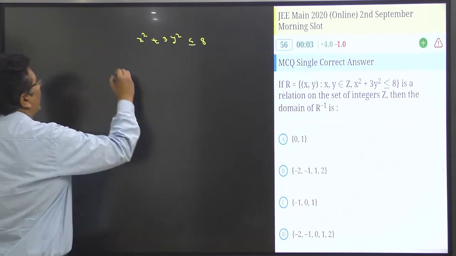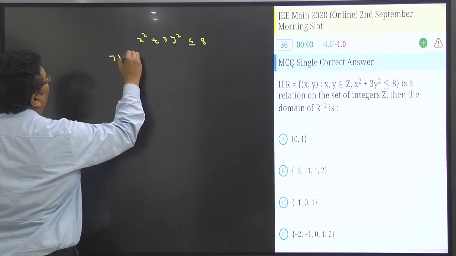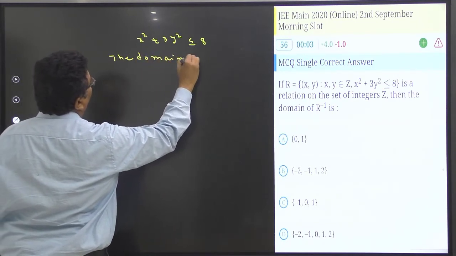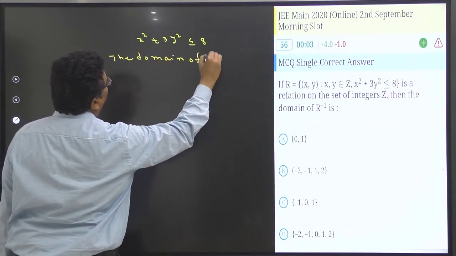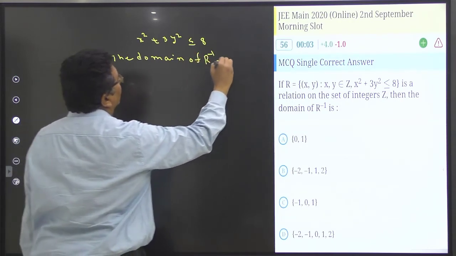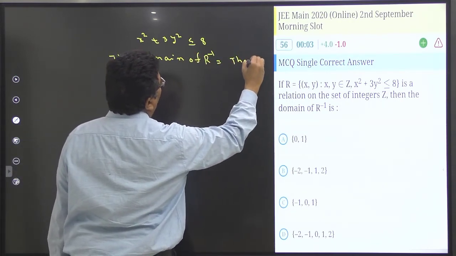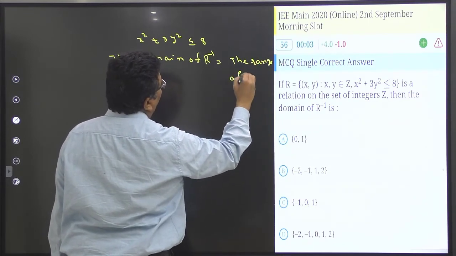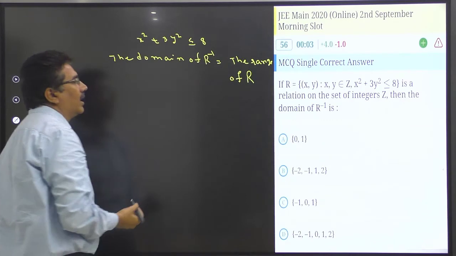The domain of R inverse is equal to the range of capital R.